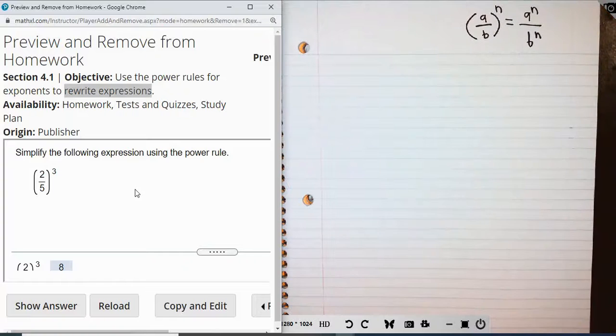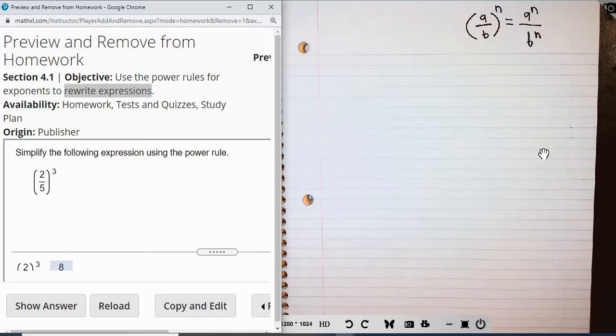So in other words, when we have a rational expression raised to a power, we apply the power to both the numerator and the denominator.